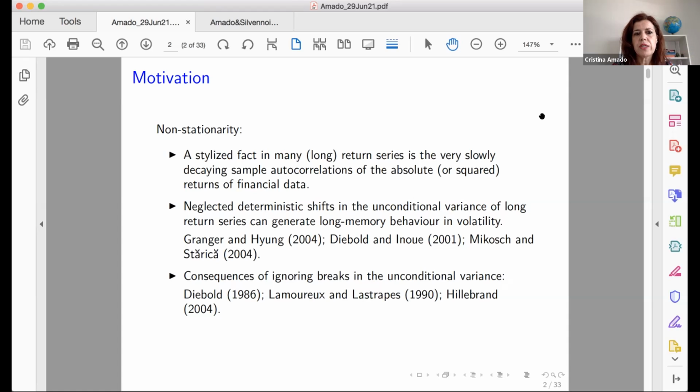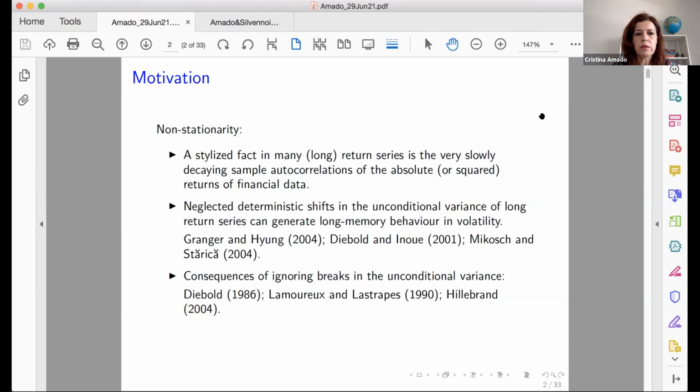There are some references in the literature, such as Granger and Jung in 2004, Diebold and Inoue in 2001, and Mikosch and Starica in 2004, where they show theoretically or using simulations that if we neglect shifts in the long-run volatility, this can mimic the very high persistence behavior in volatility.